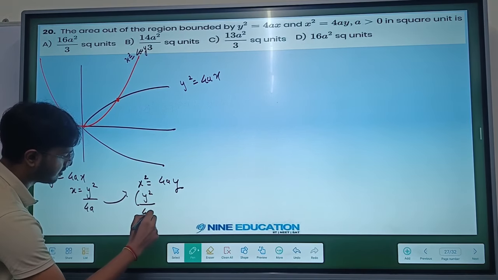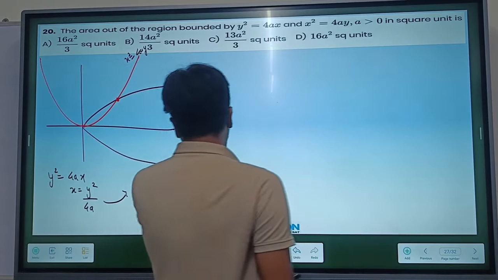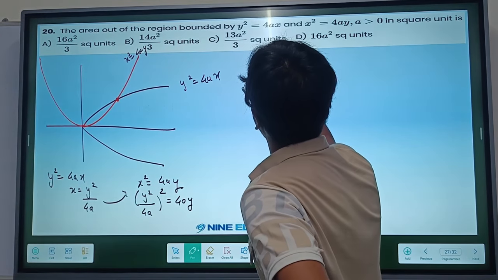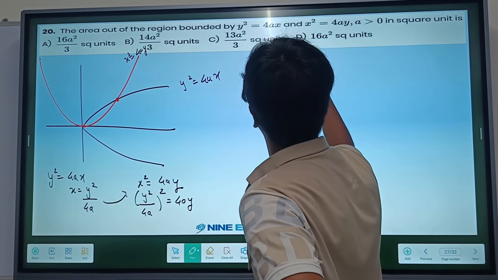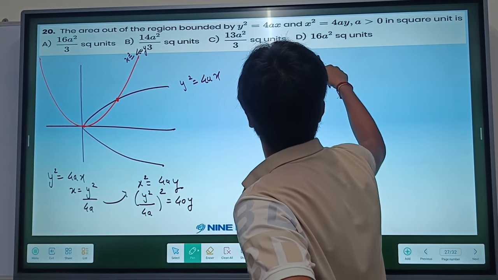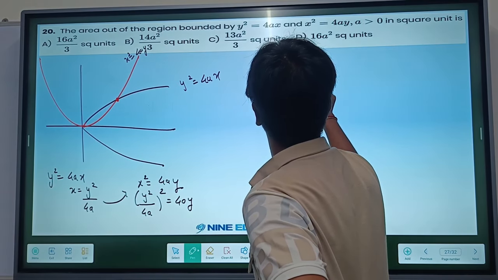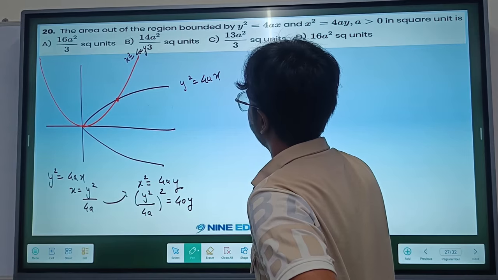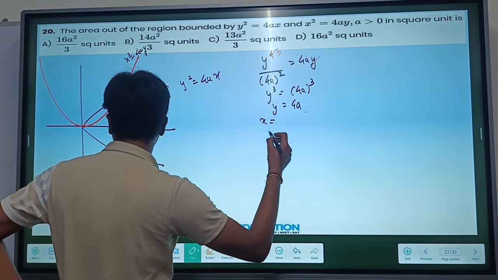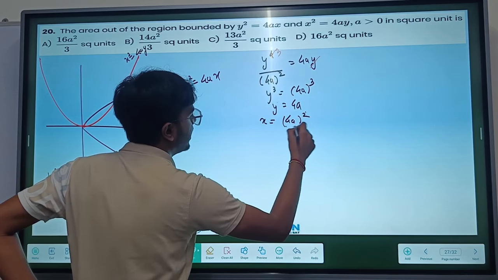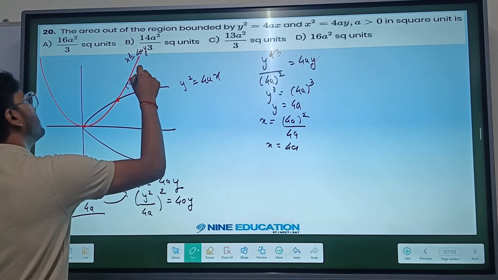So (y square by 4a) whole square equal to 4a into y. Y power 4 divided by 16a square equal to 4ay. So y cube is equal to 64a cube, 4a whole cube. So y is 4a. At y equal to 4a, what will be x? X would be (4a) square by 4a. So x is also 4a. So this point is 4a comma 4a.